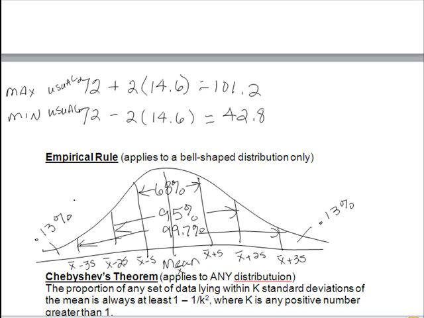So that's called the empirical rule, the percentages here. 68% of the data fall within 1 standard deviation of the mean. 95% of the data values fall within 2 standard deviations of the mean. And 99.7% fall within 3 standard deviations of the mean.